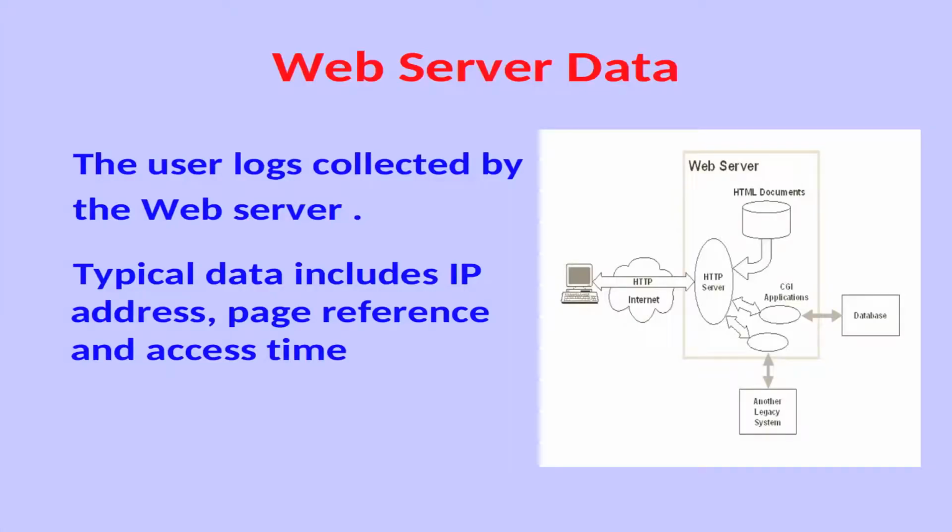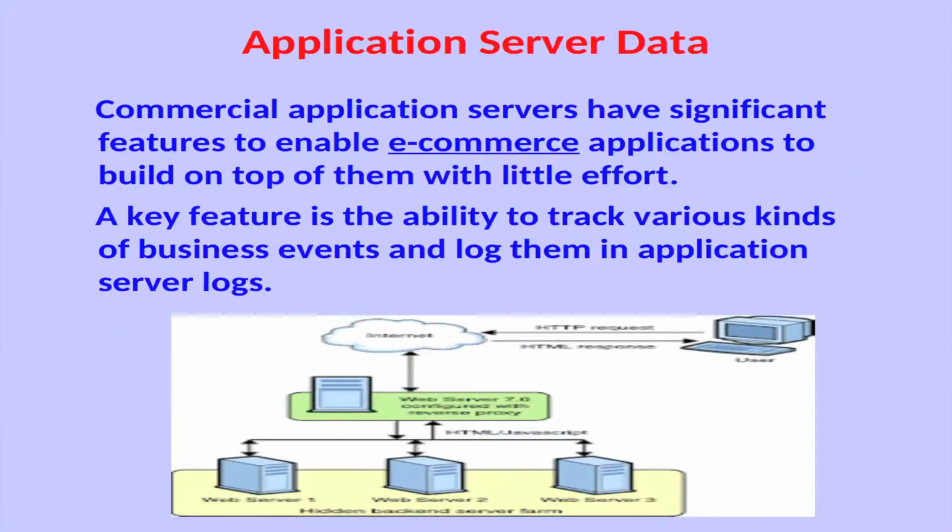First, web server data: the user logs collected by the web server. Typical data includes IP address, page reference and access time. Second, application server data. Commercial application servers have significant features that enable e-commerce applications to be built on top of them with little effort.